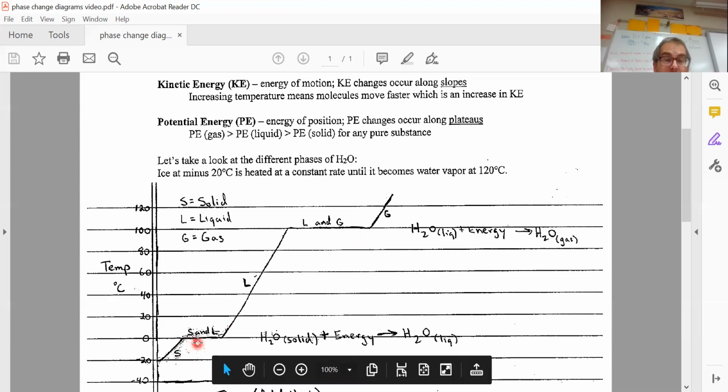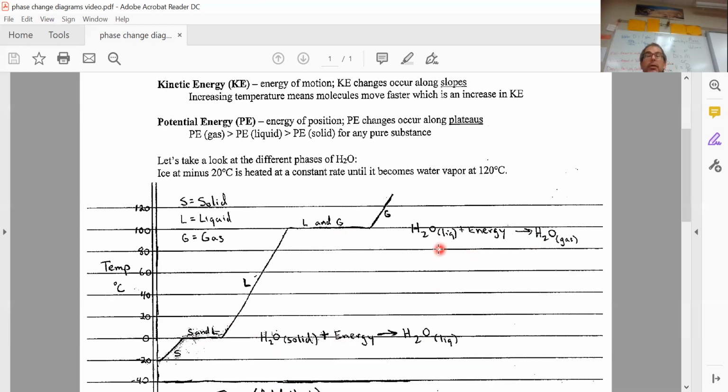Look at this phase change here at 0 degrees: H2O solid plus energy goes to H2O liquid. It takes energy to do that. It takes energy to melt ice, for example. It's a change in potential energy. And in this phase change here, H2O liquid absorbs energy to go to H2O gas. That's why when you boil water, you have to add energy to do that.